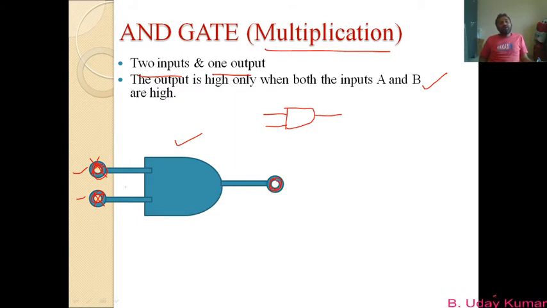The inputs are denoted by A and B, and the output is taken as C. And remember, C is the output of AND gate.